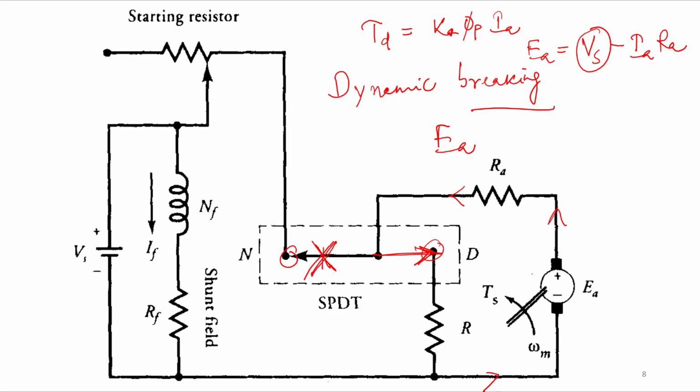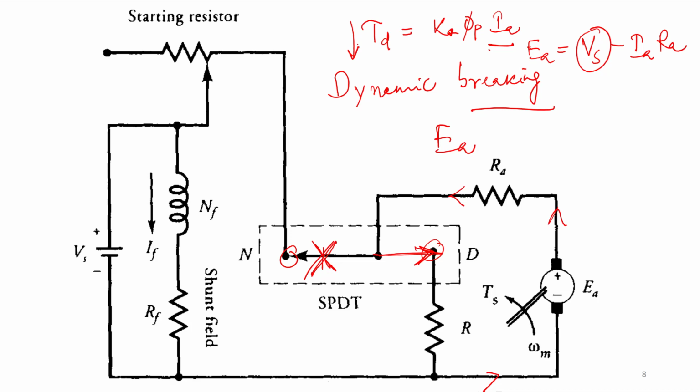This motor will act as a generator and supply current through this resistor. Now what will happen? Your current is in the reverse direction, so your torque will also become reverse. Gradually your motor will slow down, right?